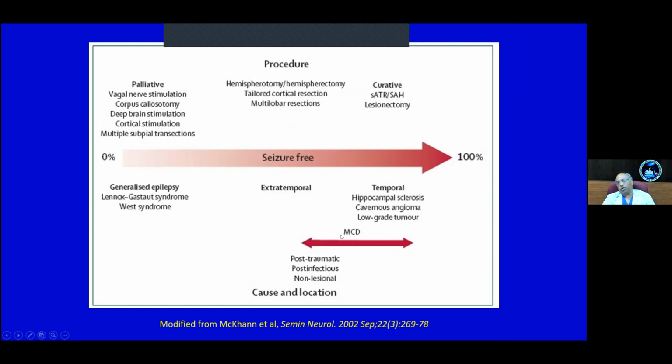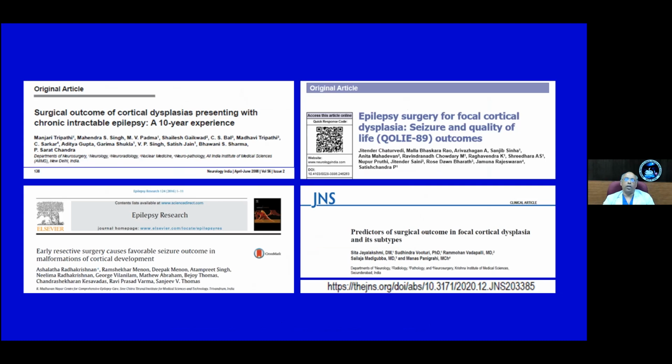But today we are talking about the malformations of cortical development. People with these disorders require complex and innovative pre-surgical evaluation strategies as well as surgical management. And in India, we are making progress in taking care of people with these disorders.